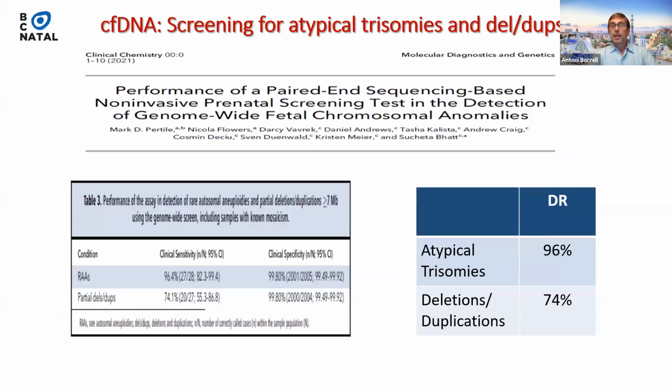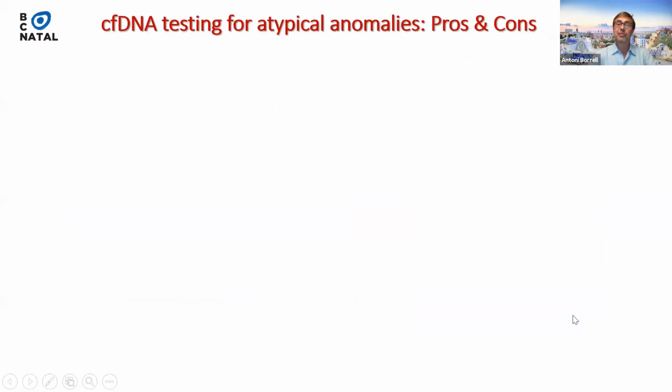The detection rate was not assessed in this population study. It has been assessed in this smaller study from Australia, and it seems high for atypical trisomy, 96%, so they can pick up most of the atypical trisomies. And for deletion duplication it is low, as expected, 74%.